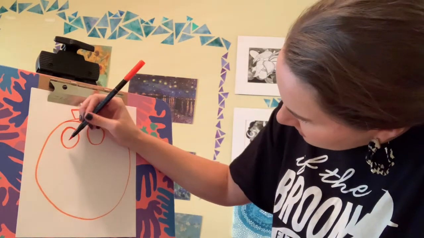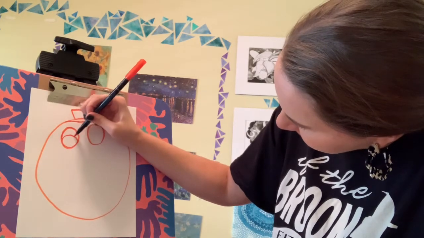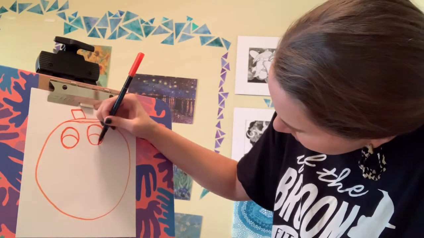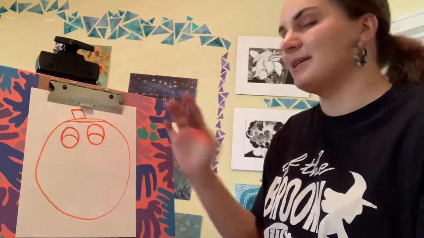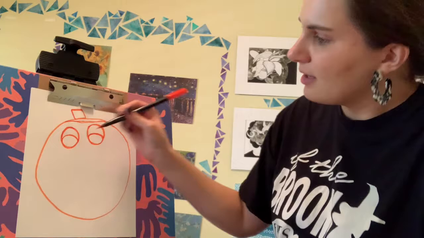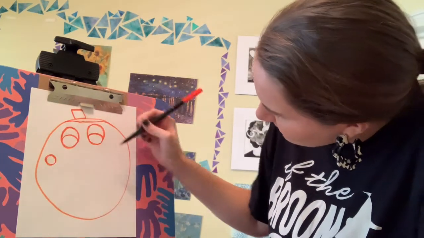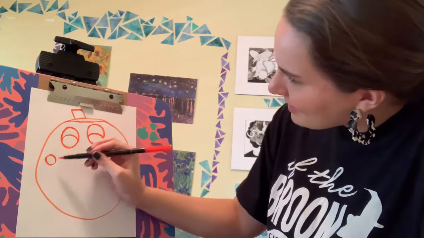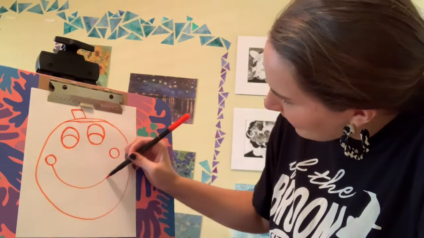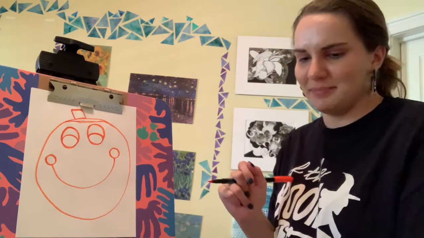So you can do this any way you want, but I'm just gonna add 2 little circles down here. 1, 2. Now these are gonna be the pupils of our eyes. All right, we got our 2 eyes, and now let's do a mouth.